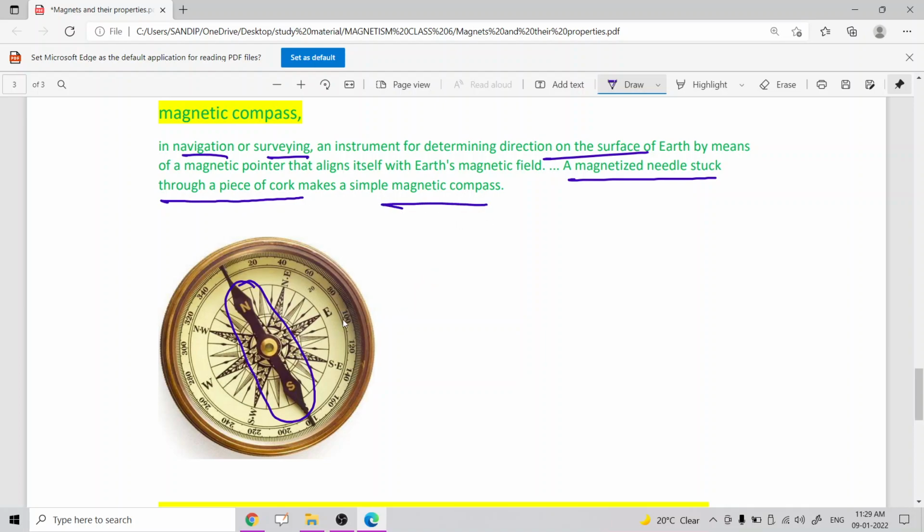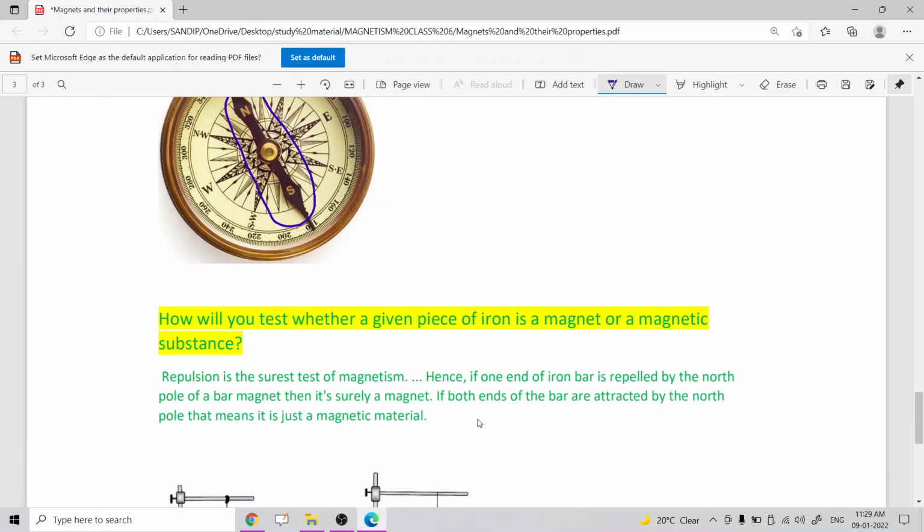With the help of a compass we can easily find out the geographical direction. Here also we use magnetic needles, and we already discussed the direction property of a magnetic needle. So with the help of the direction property we can find out the direction.